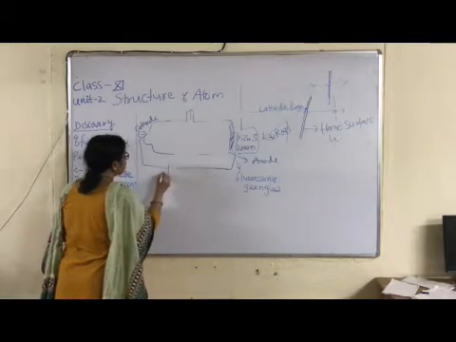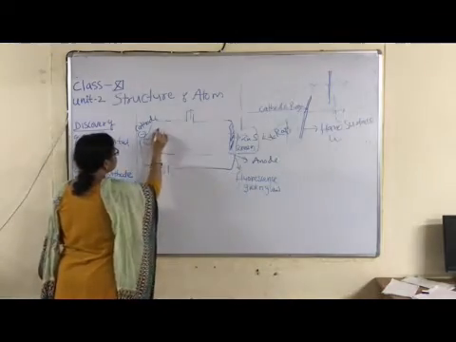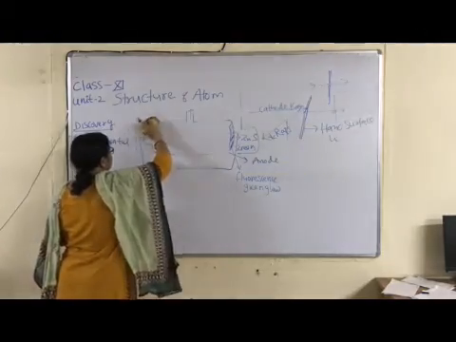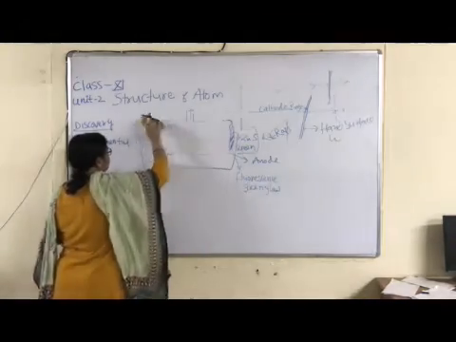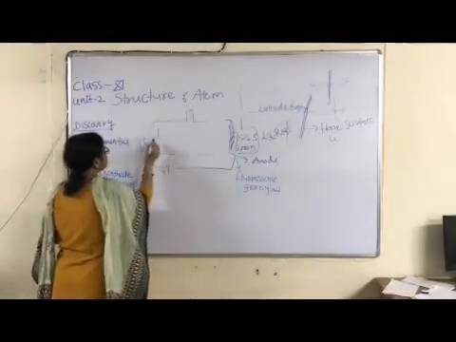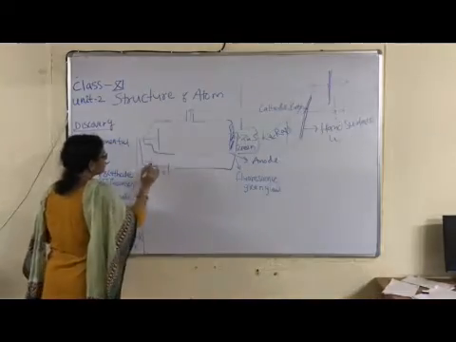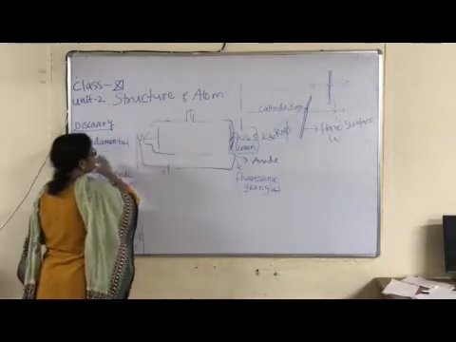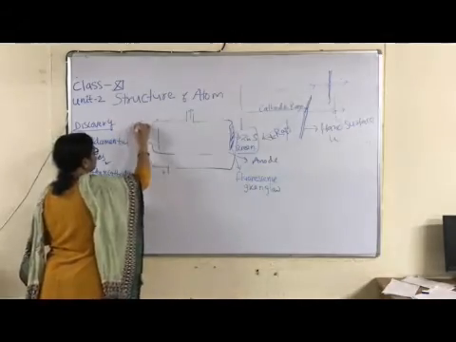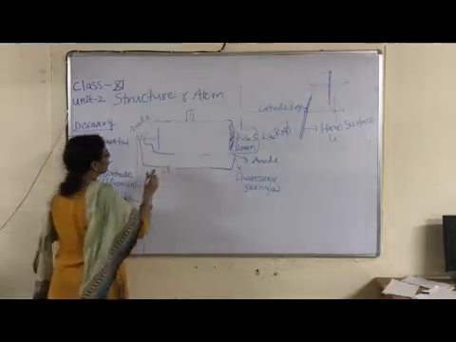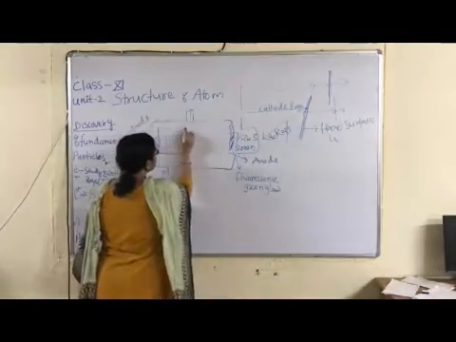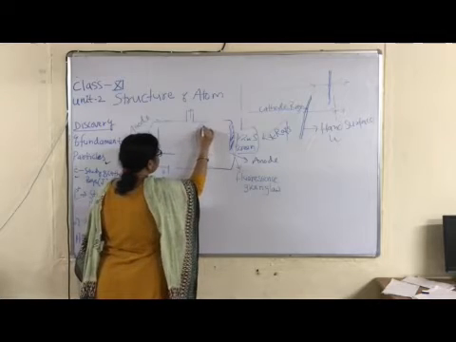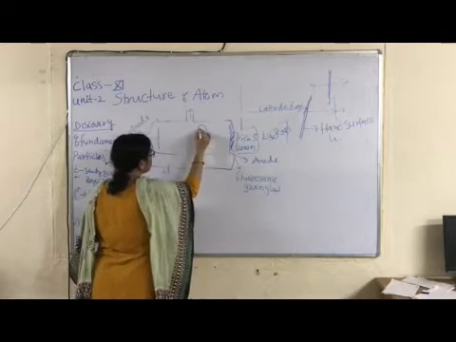The first plate is positively charged, so this plate acts as the anode in the anode rays experiment, right? This is connected with the positive terminal of the battery, so this is positively charged and acts as the anode. And second, Goldstein used a perforated cathode. Perforated means fine pores are present on its surface.